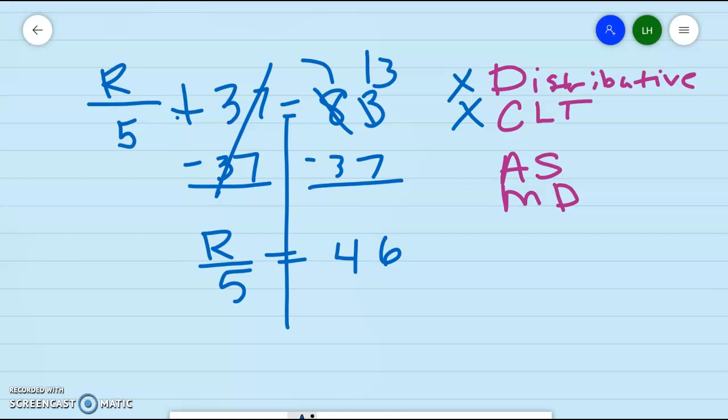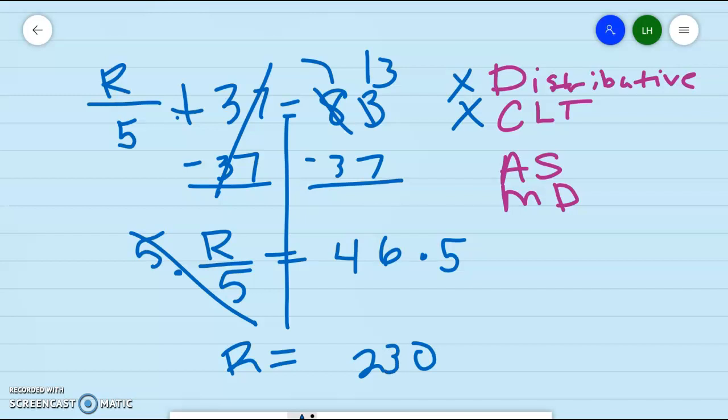Now we're going to do the inverse. On the side of the variable, we have division, so we do the inverse and we multiply. And you end up with 230. Now you could check that.